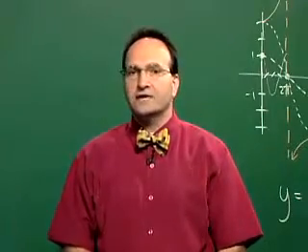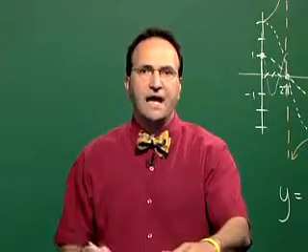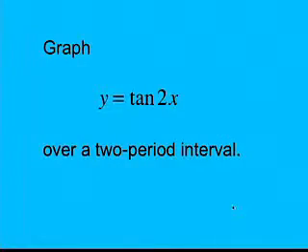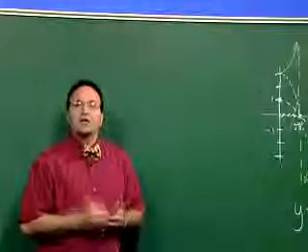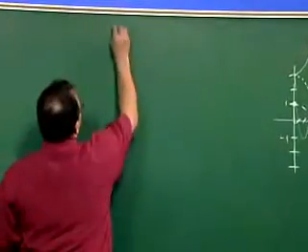Well, now that we have an understanding of the shapes of the functions y equals tangent x and y equals cotangent x, let's look at a method that we will use for graphing the tangent and cotangent functions in a general way. Graph y equals 2 tan x over a 2-period interval. So what we would do first is graph y equals tangent x.